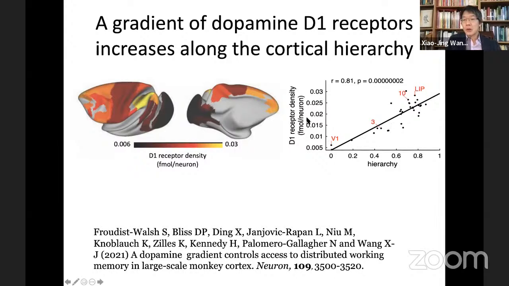That demonstrates that dopamine modulation is not the same across the cortical tissue. It's also not just randomly heterogeneous. It shows this very simple low-dimensional gradient across the cortical mantle. So the question is, how do you incorporate dopamine modulation in a functioning large-scale system?